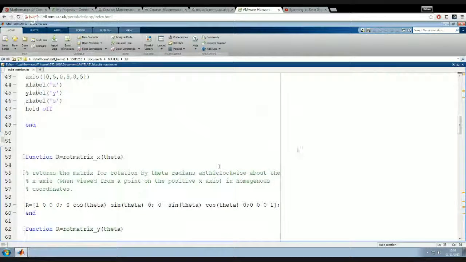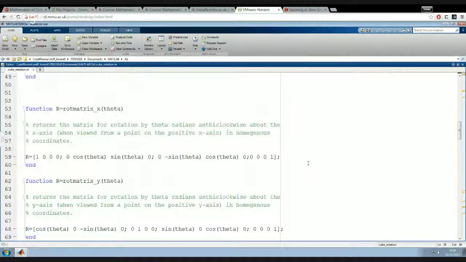Now, just as before, I've written helper functions. So I've written a rot matrix X function, a rot matrix Y, and a rot matrix Z. They take one argument theta, which is the angle, and they just return the appropriate rotation matrices. So those are functions that implement the rotation matrices on page 33.